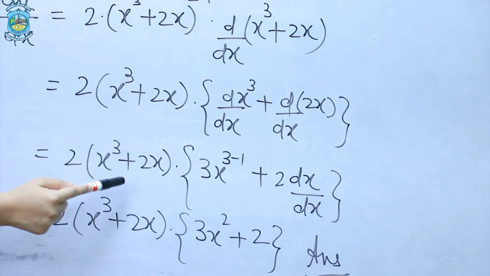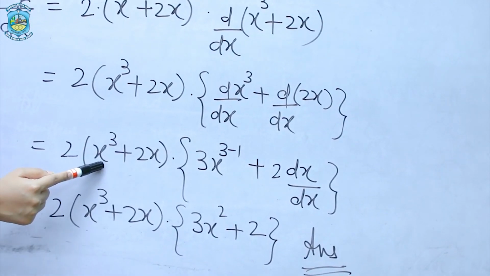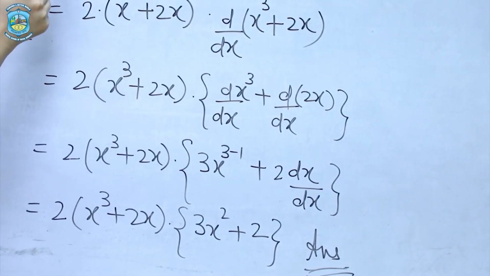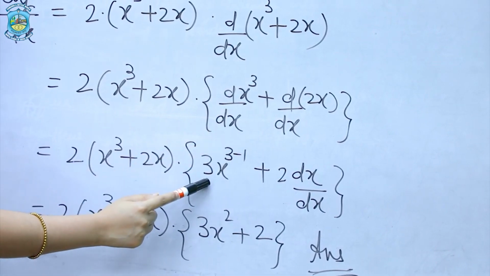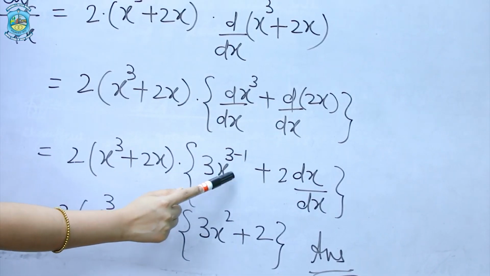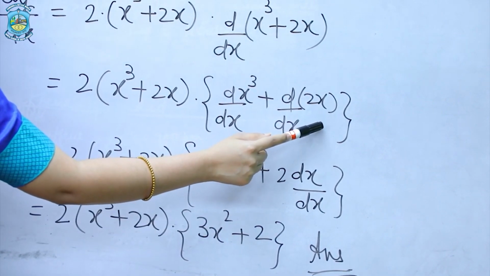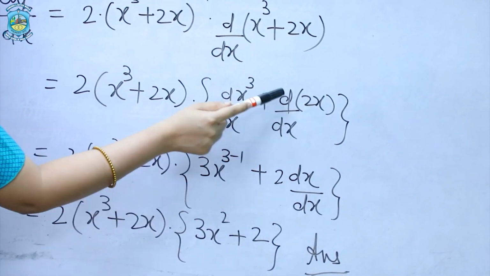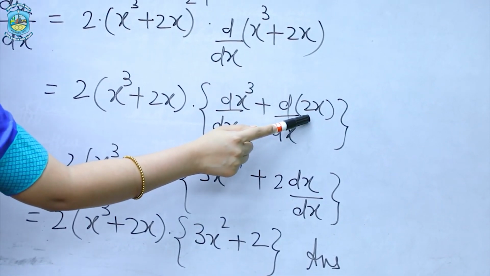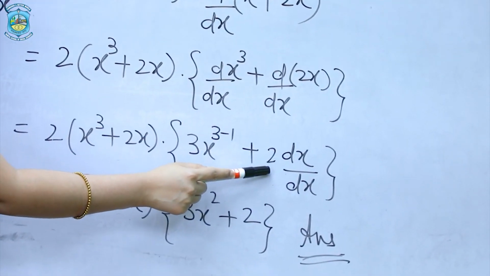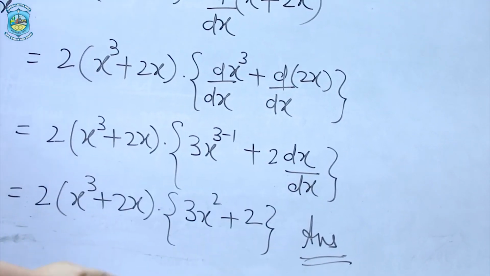Now this thing will be written as it is, 2 times of (x cube plus 2x) into, here we will apply the same formula, n is 3, so that will become 3 times of x raised to the power 3 minus 1 plus, here we will apply one more rule of differentiation, that is the derivative of the product of a constant and a function is equal to the product of the constant and the derivative of the function.